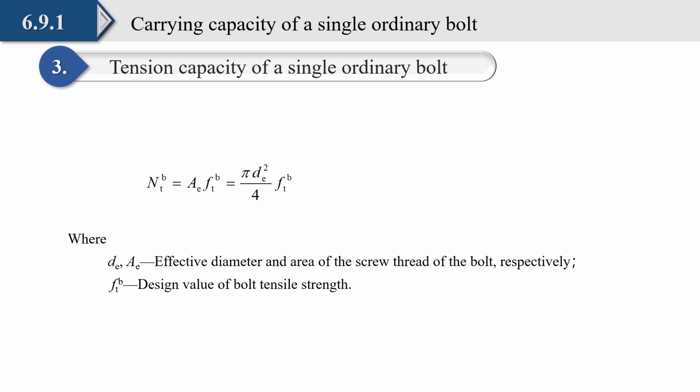And the action of external tension force. The contact surface of the member tends to separate, and at this time the bolt is subjected to the pulling force along the X direction. So the failure is the split of the bolt bar in tension.